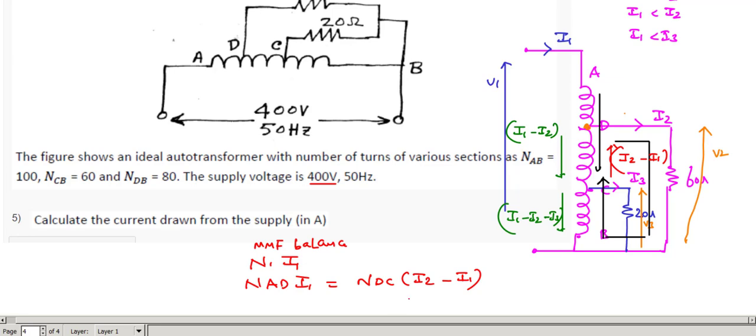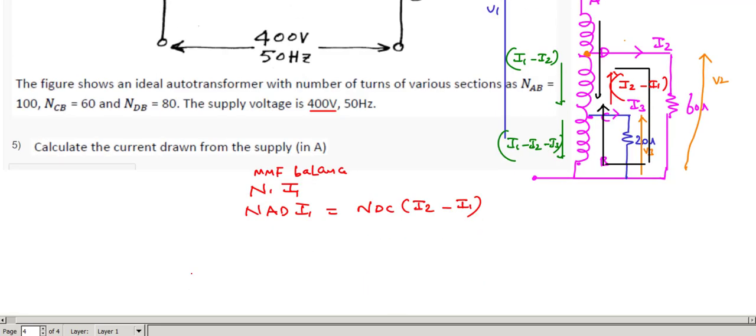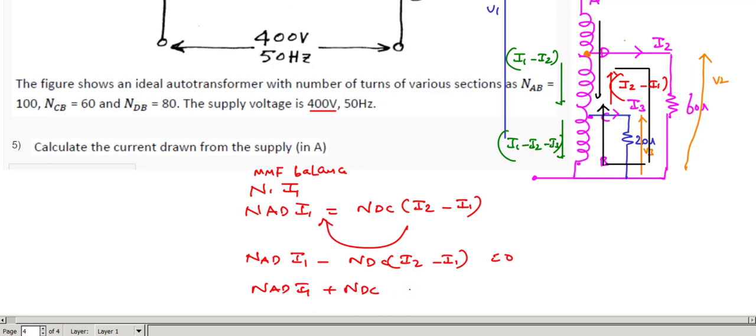I can write this also: I will take it to this side, NAD I1 minus NDC into I2 minus I1. Finally I can write NAD I1 plus NDC into I1 minus I2 equal to 0.